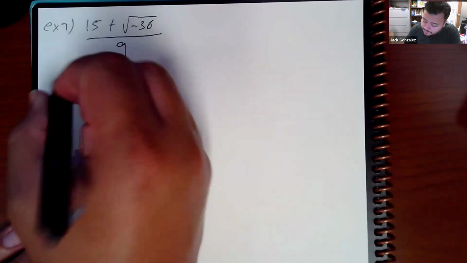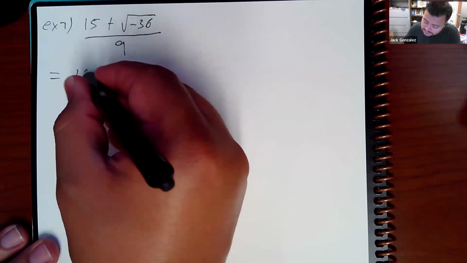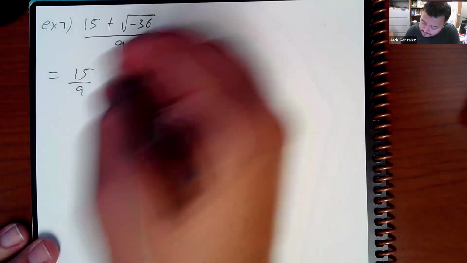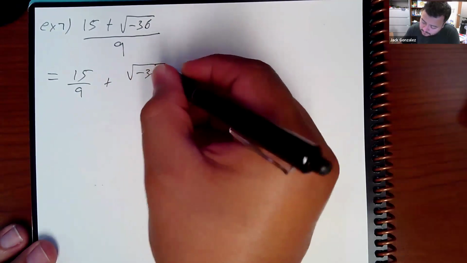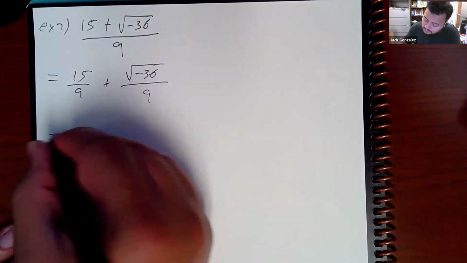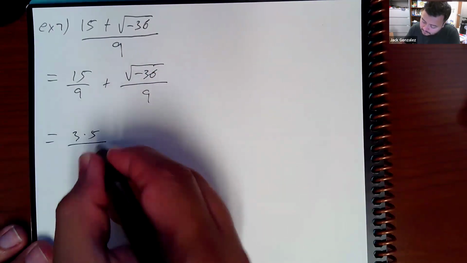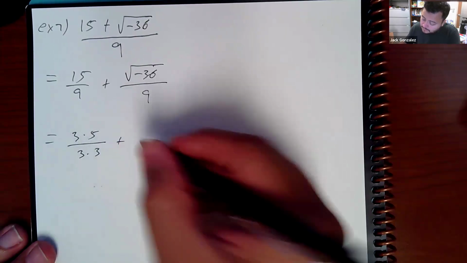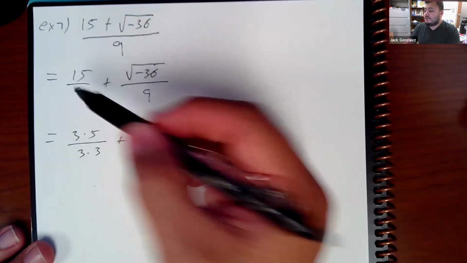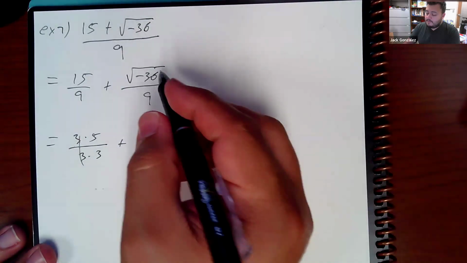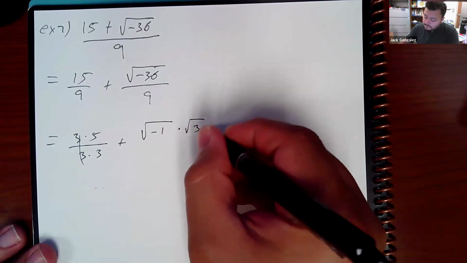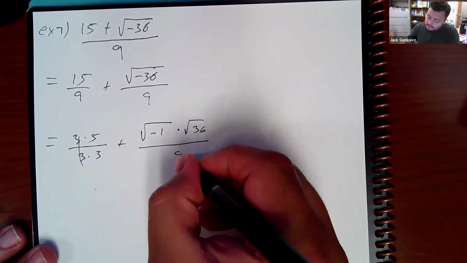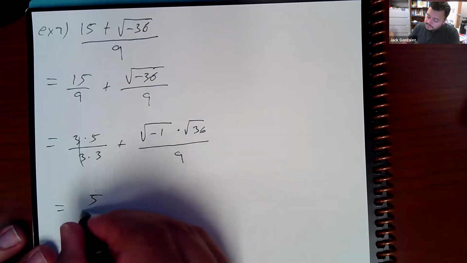All right, so the same example. I didn't write the instructions, but same steps. First step, just separate the fractions because that's what they want. Reduce this fraction real quick. Separate this radical. We get 5/3 over here.